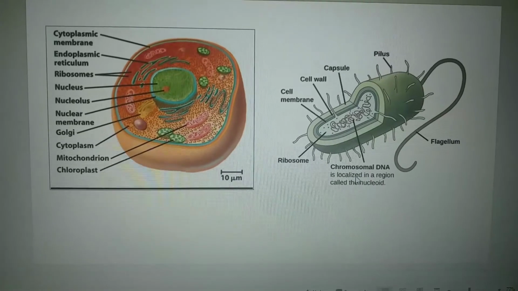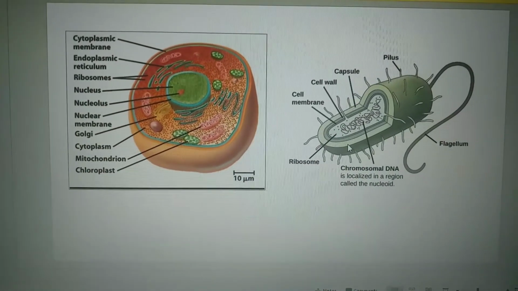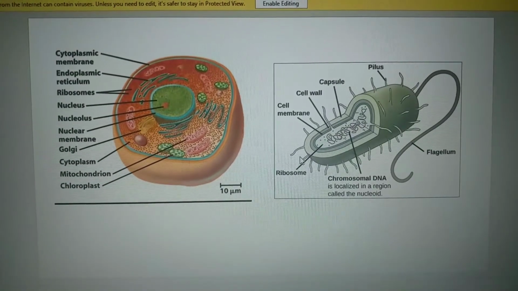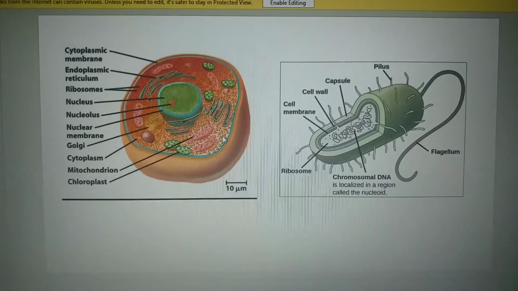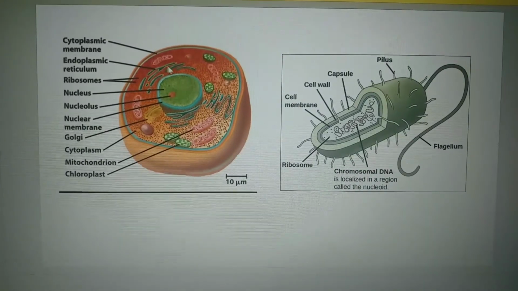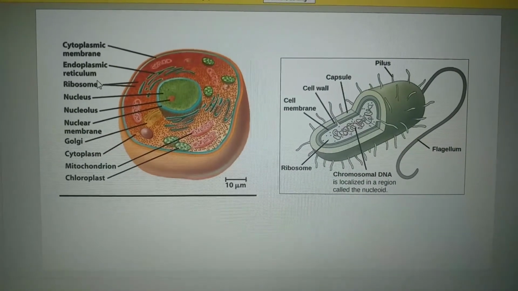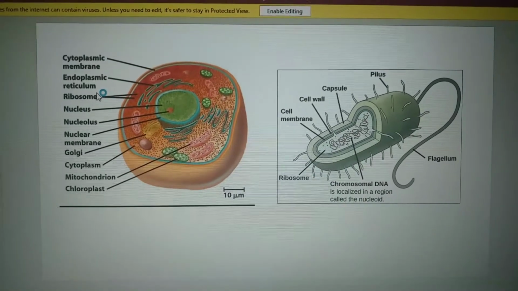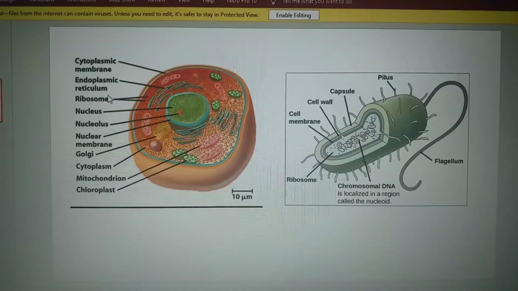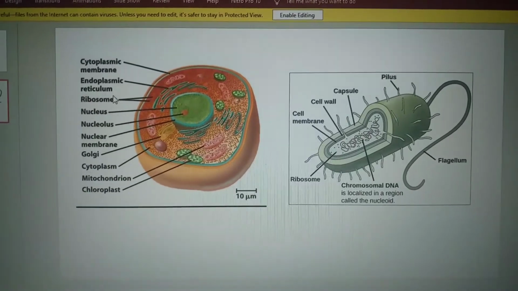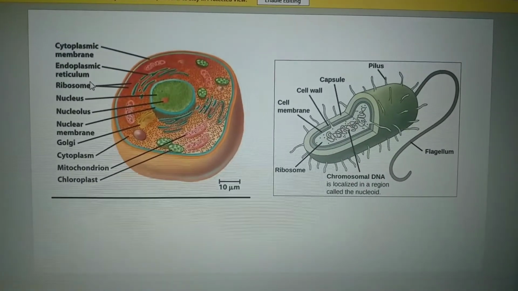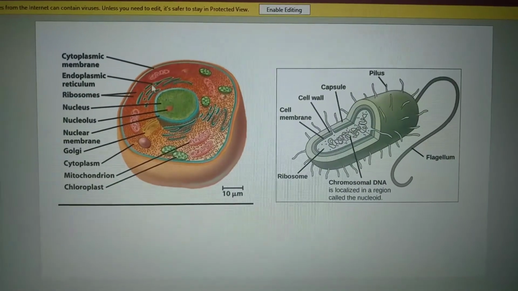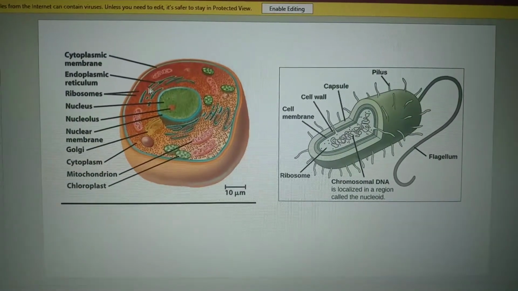The prokaryotic has no endoplasmic reticulum, while here in the eukaryotic, there's an endoplasmic reticulum, which produces glycoproteins and new membrane material that is transported throughout the cell. This is the endoplasmic reticulum.